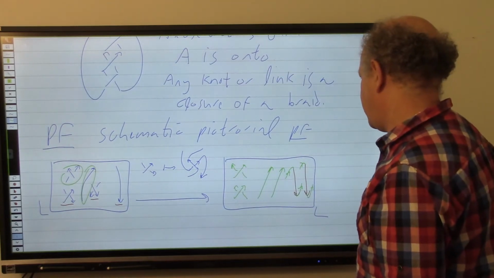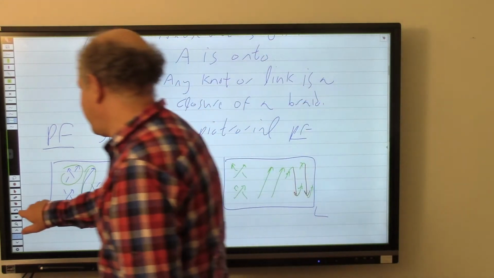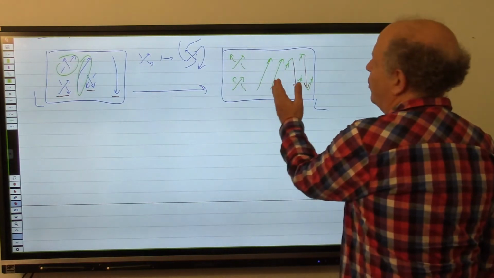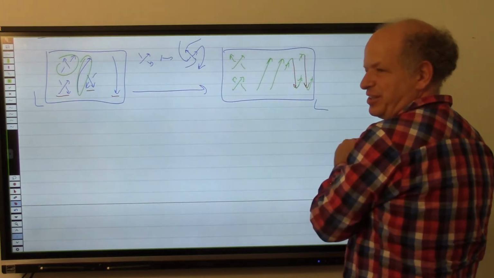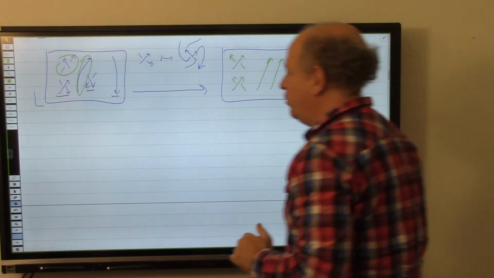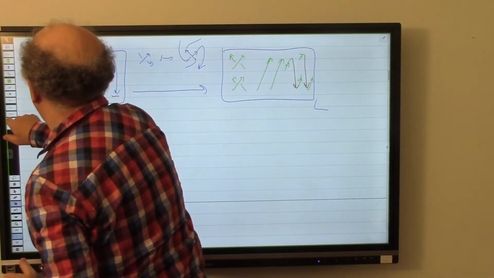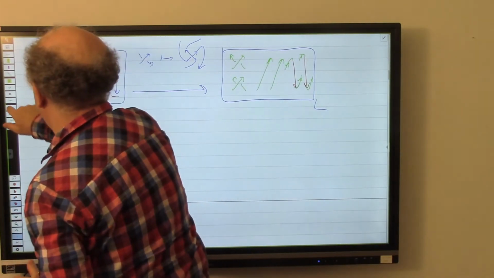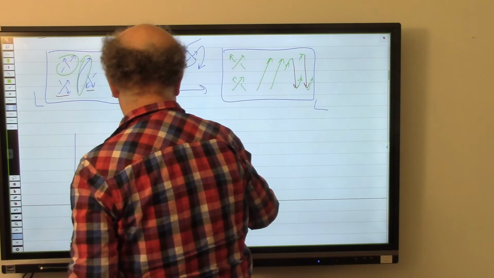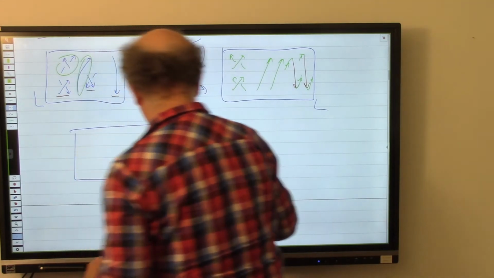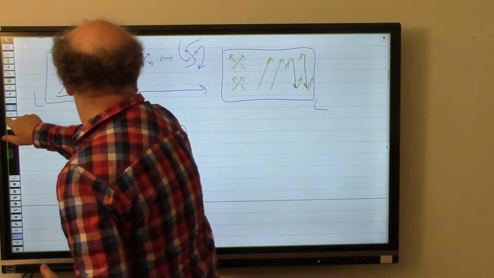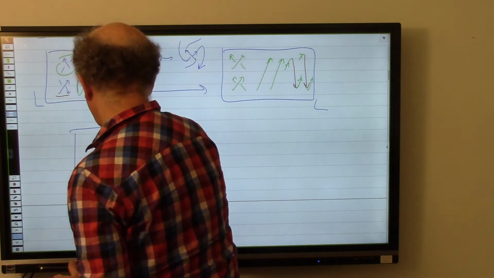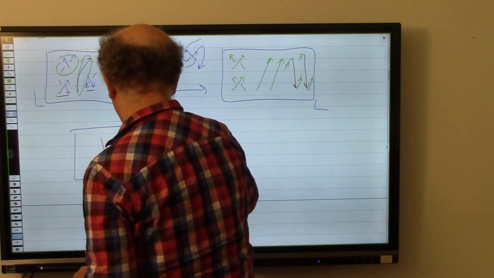So next, I want to somehow improve the bad pieces. So I'll do the following. So suppose I have a link L. So here is my L, and it has several bad pieces of strands.